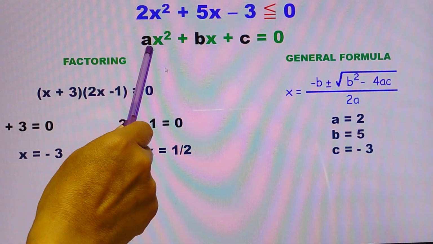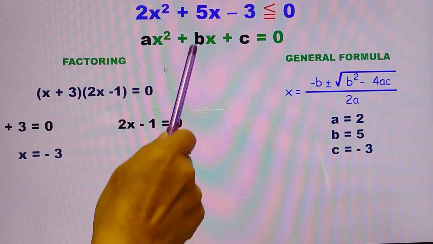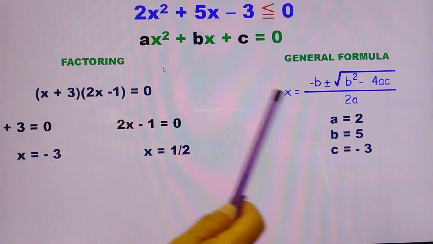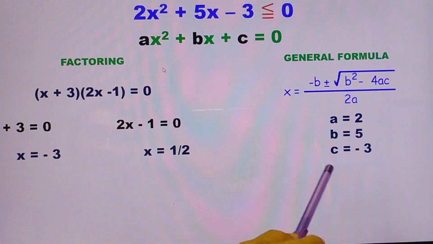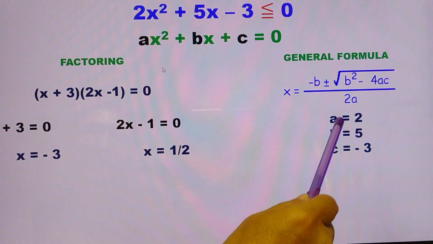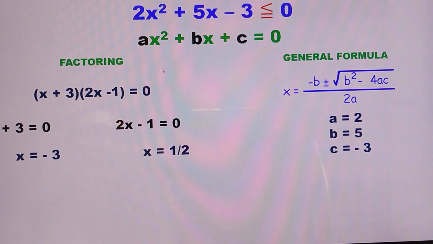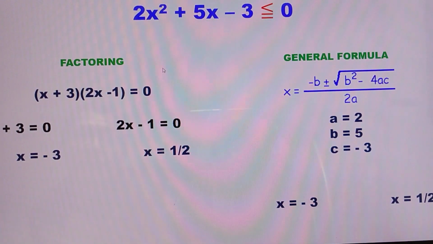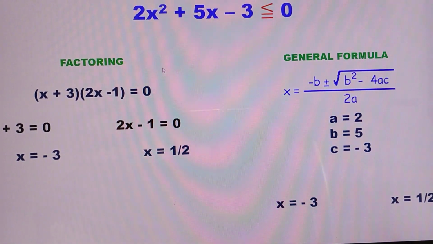In this case, a is 2, b is plus 5, and c is minus 3. If we substitute these values into the general formula, and then we process the operations, of course we'll get the same results. So we are to consider those results as critical points.